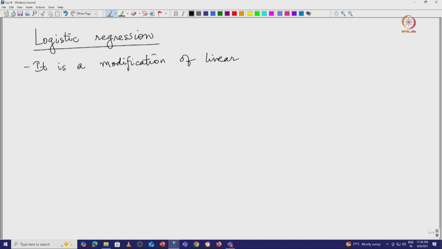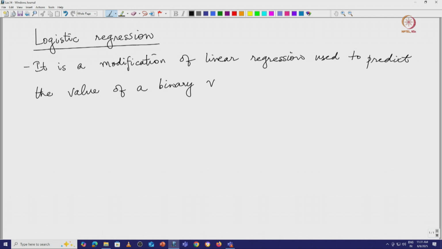So, it is a modification of linear regression used to predict the value of a binary variable, and thus it is useful for binary classification problems.